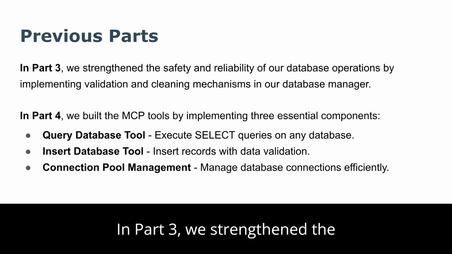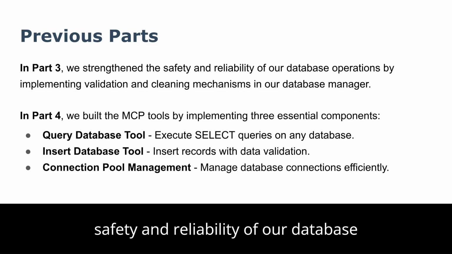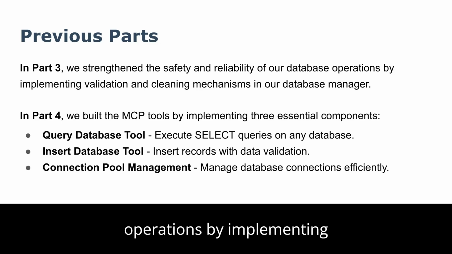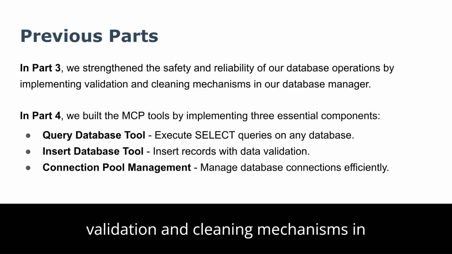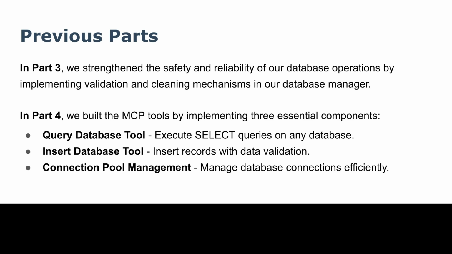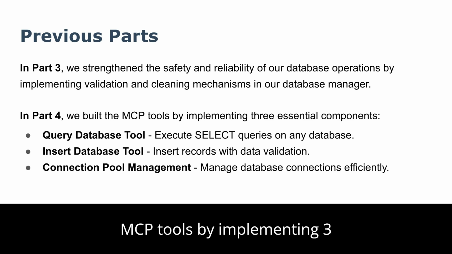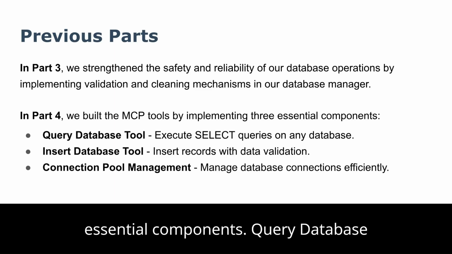In part 3, we strengthened the safety and reliability of our database operations by implementing validation and cleaning mechanisms in our database manager. In part 4, we built the MCP tools by implementing three essential components.